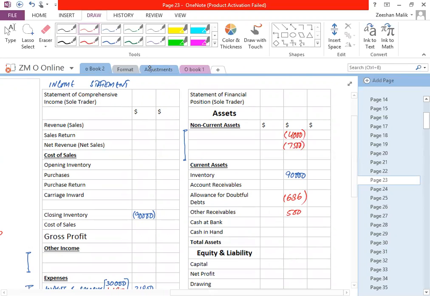Look at here. These column names are the cost column, where we put the cost of asset.